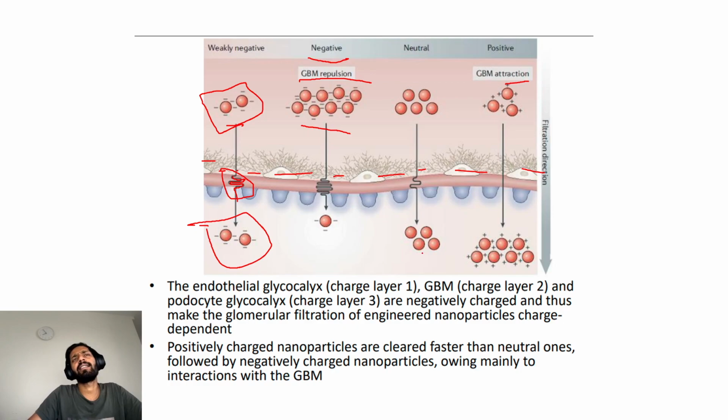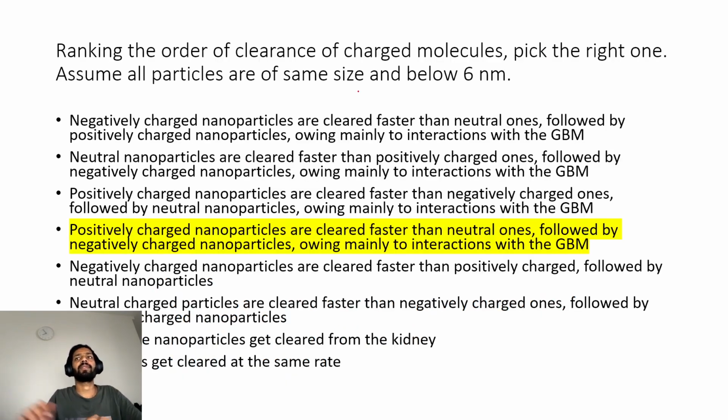So the question was which particles get eliminated the fastest. Positively charged particles get eliminated the fastest, followed by neutral, followed by negative. So positively charged nanoparticles are cleared faster than neutral ones, followed by negatively charged particles, owing mainly to their interactions with the GBM.